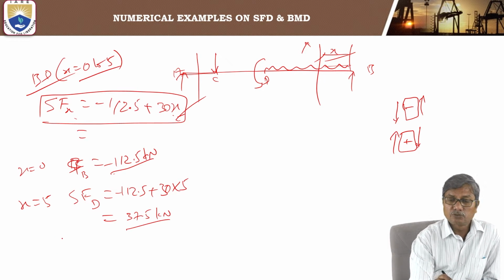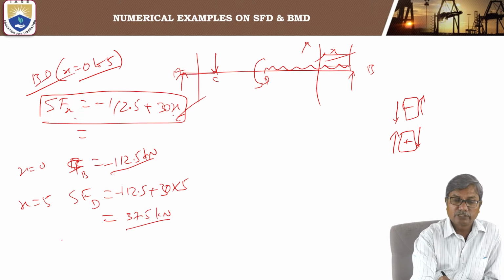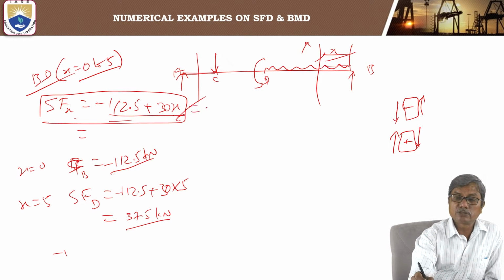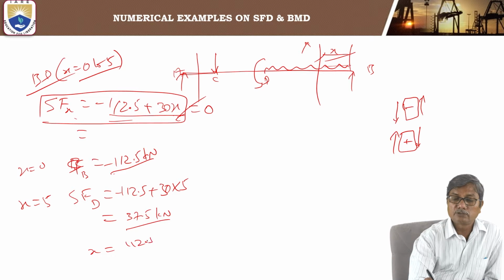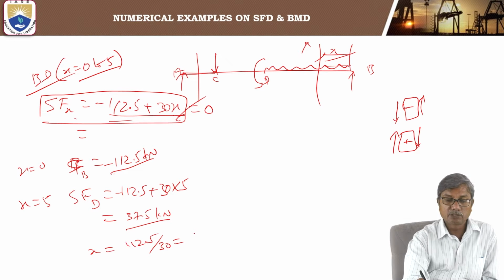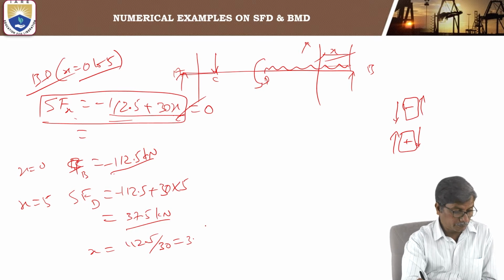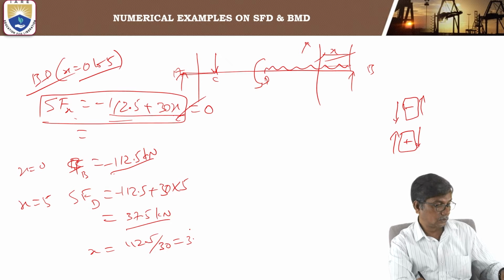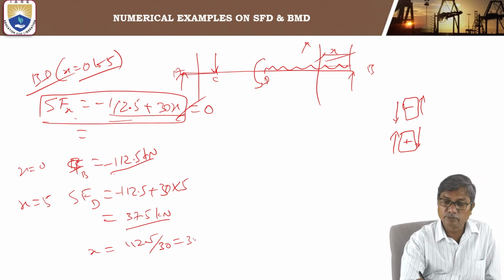To find the location where the shear force becomes 0, equate this to 0. By equating this to 0, you will have the x value as 112.5 by 30, which comes out to be 3.75 meters.